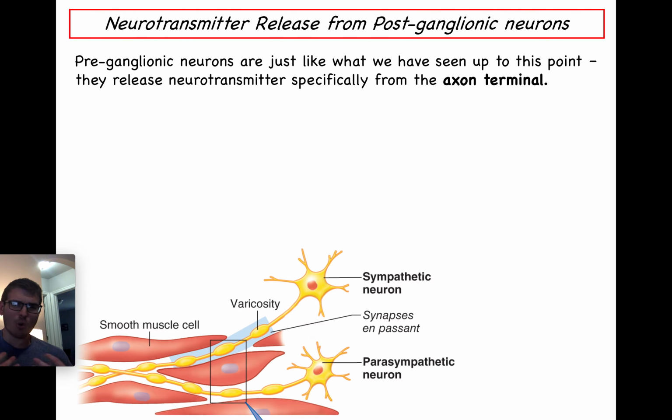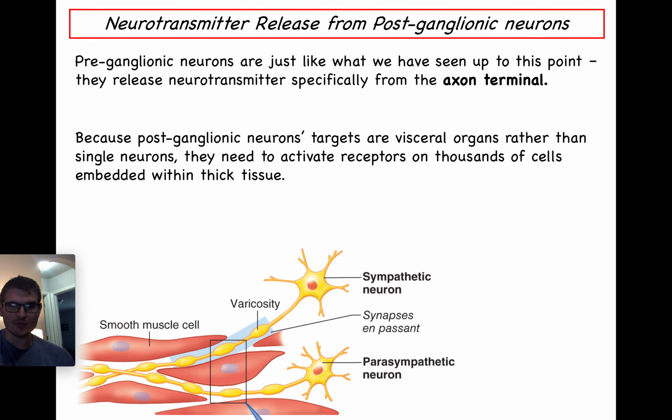That doesn't quite jive with us because up until now, we've seen how neurotransmitter is released onto the surface of a target cell, and you only get neurotransmitter released from the axon terminal. So here we have axons penetrating deep into the tissue, and we have these little swollen regions called varicosities.